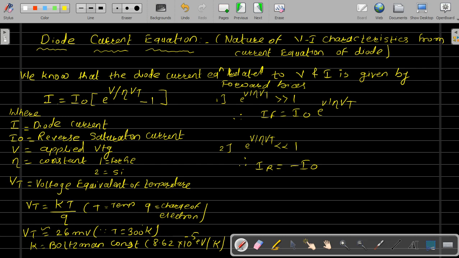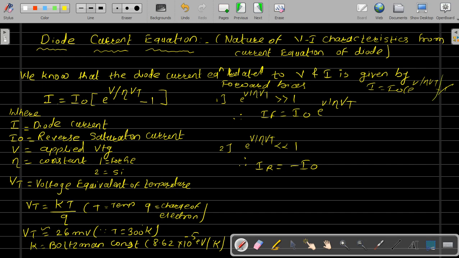Due to this, if you substitute a positive value of V, this e power term is greater than 1, so the 1 can be neglected. Therefore, in I equals I naught e power V by eta Vt minus 1, as the exponential is very much greater than 1, the 1 is neglected.